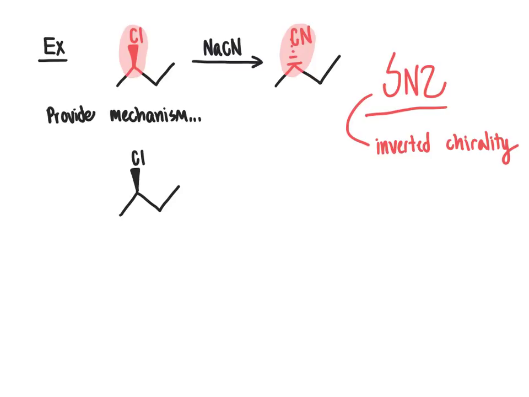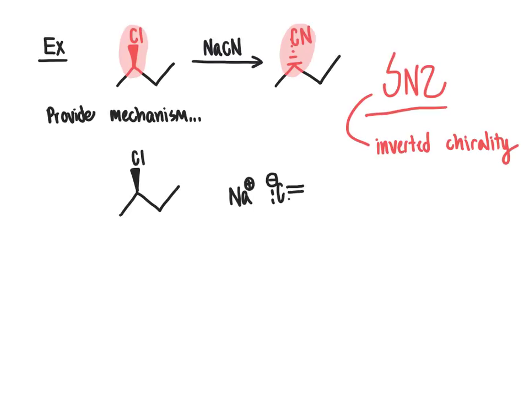And the sodium cyanide, NaCN, if we look at the sodium versus the carbon, we would expect the carbon to end up with a negative formal charge, lone pair of electrons on that carbon.